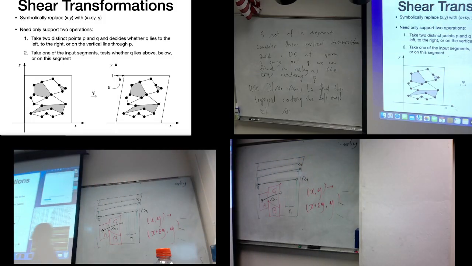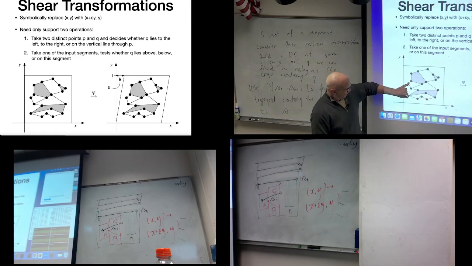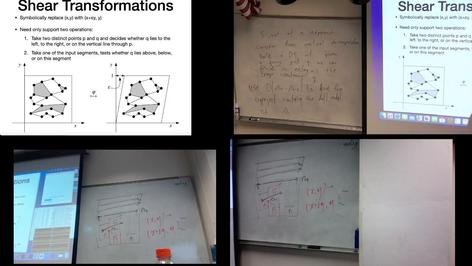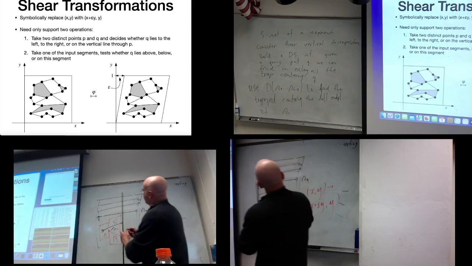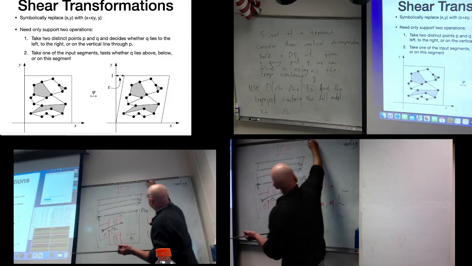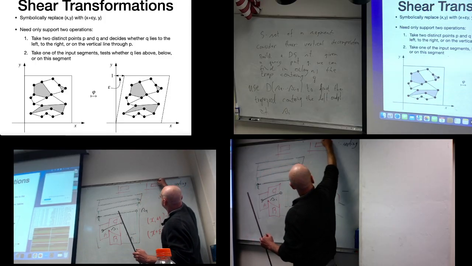What did I do by doing so? Two endpoints that had the same x are now shifted to the right. That's a shear transformation. What does a shear transformation do? It takes a rectangle in the xy plane and moves it into a parallelogram.